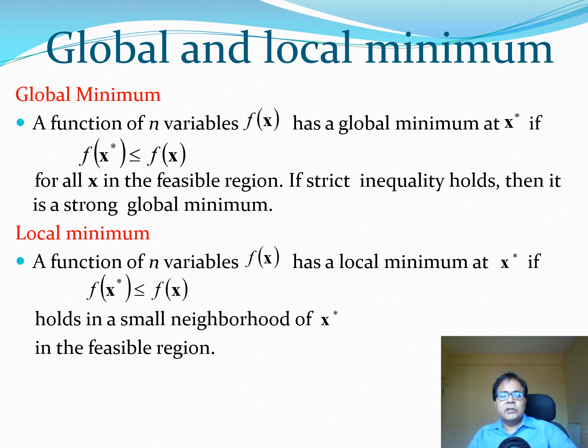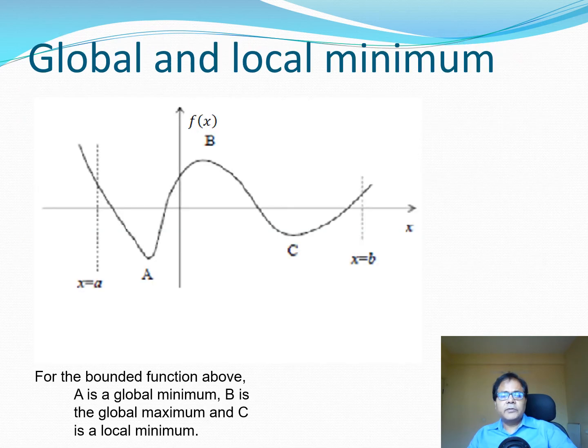And x star is the symbol we are going to use in general for the candidate local minimum point or the global minimum point. Now here you can graphically see the concept.